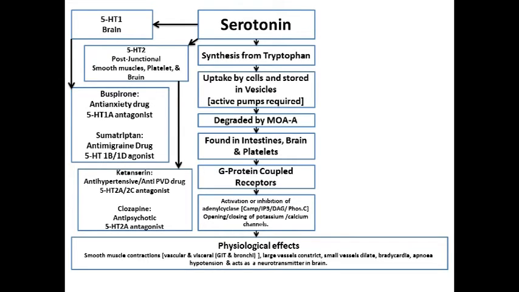It was developed as an antihypertensive and a drug which gave relief for patients with PVD, that is peripheral vascular disease. So this is a 5-HT2A/2C antagonist. Anyway, this drug is no more in use, I think. I don't know much about this drug.